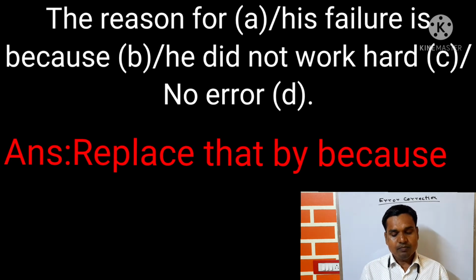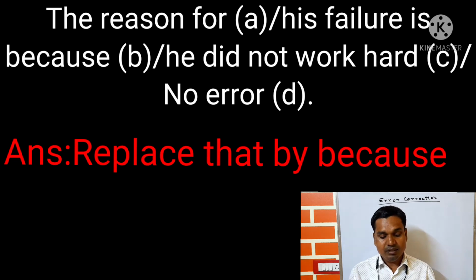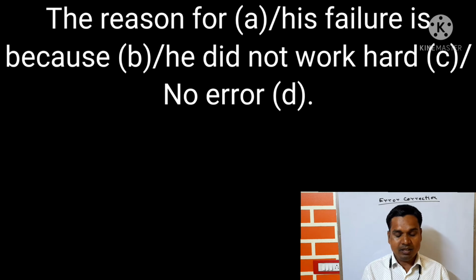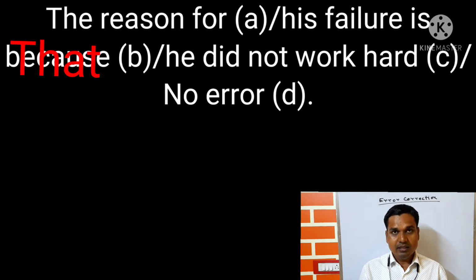We know that the reason for his failure denotes because, so we have to write that. The correct sentence would be: the reason for his failure is that he did not work hard. The reason is already reflected by that, so a double reason is not required here.